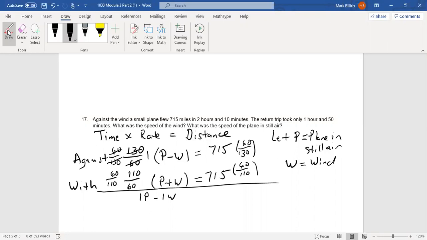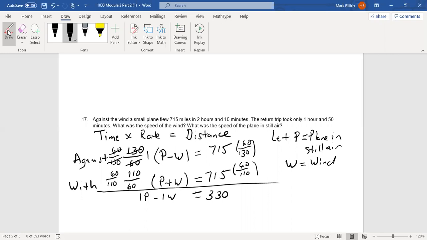So for those of you with just a scientific calculator, you take 715 times 60, and then you'll divide that answer by 130. And that should give you 330. So notice how simpler this problem has become. So now notice there's no fractions and the numbers are small.